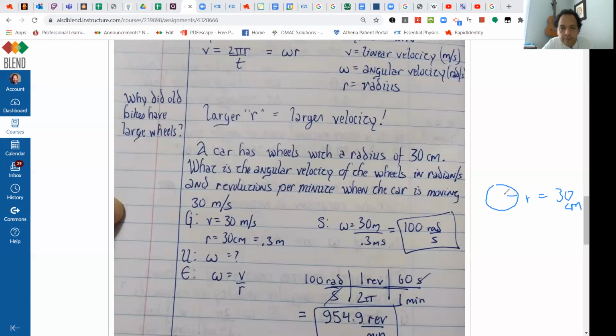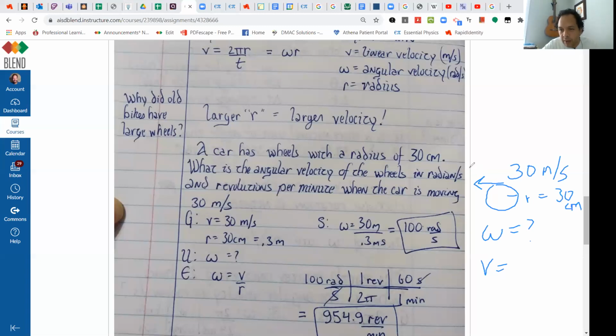We don't know the angular velocity. They want to know what the angular velocity is. But we do know the velocity of the car. So they're saying that this thing's rotating and each point on the wheel is going 30 meters per second. So if one part of the car is going 30 meters per second, that means every piece on this wheel is also traveling at that speed, right?